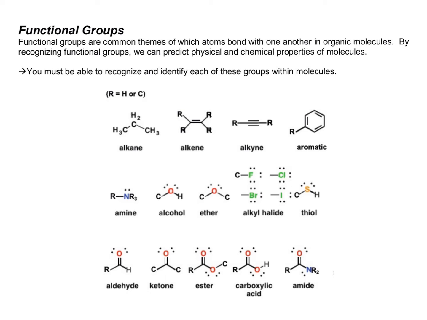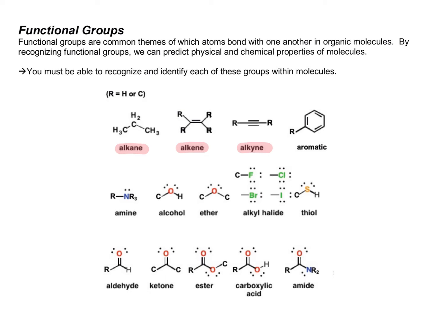So you should be able to recognize and identify each of these molecules within a complex compound. Let's walk through them. We previously described alkanes, alkenes, and alkynes as so-called hydrocarbons, molecules that have just carbon and hydrogen.